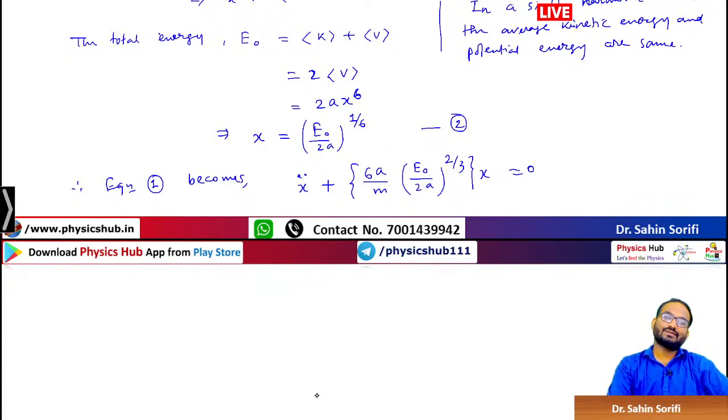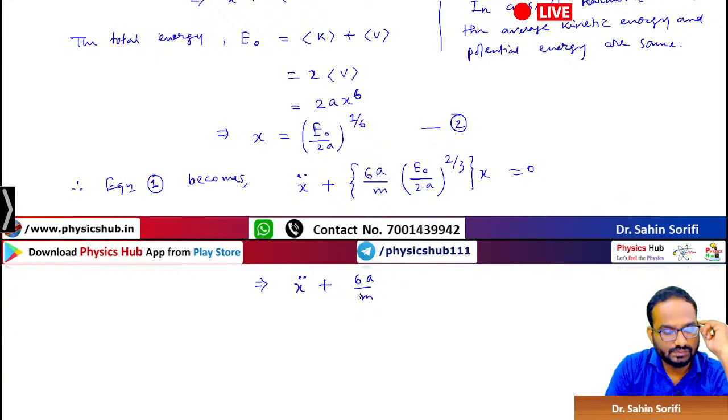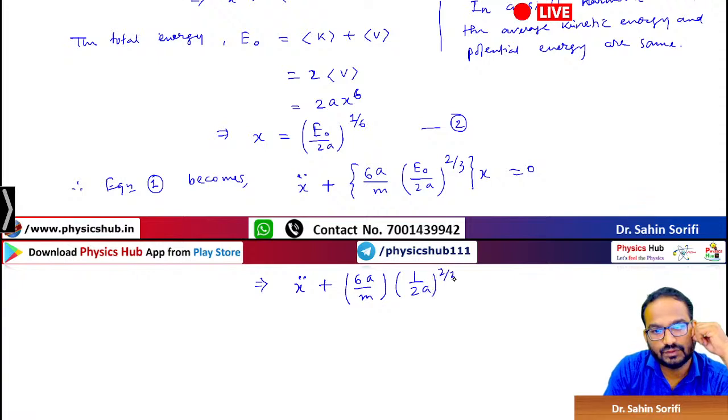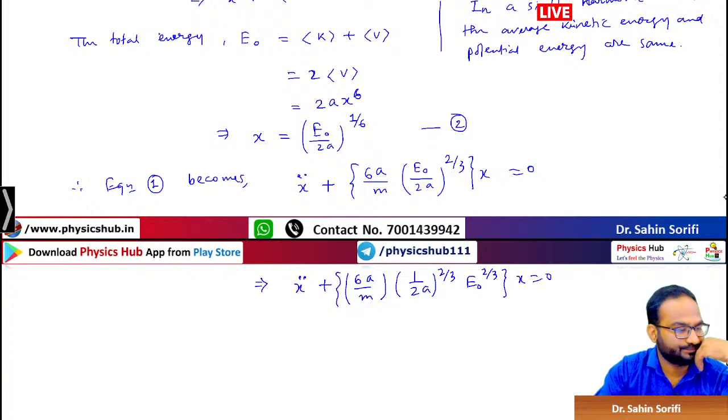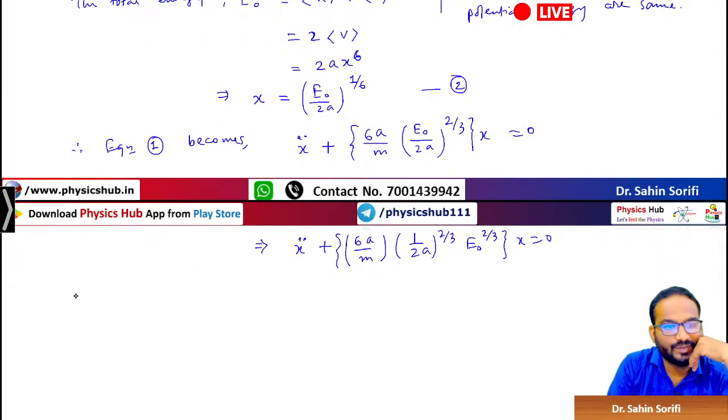Now, let's simplify a little bit more. x double dot plus 6a by m into (1 by 2a) to the power 2/3 E naught to the power 2/3 times x equals 0.